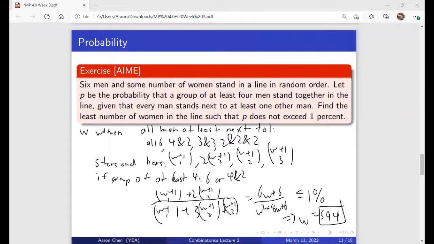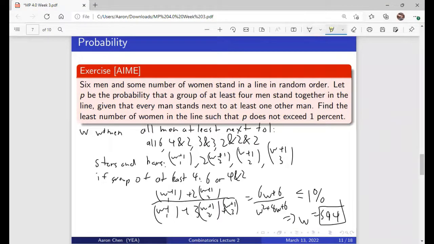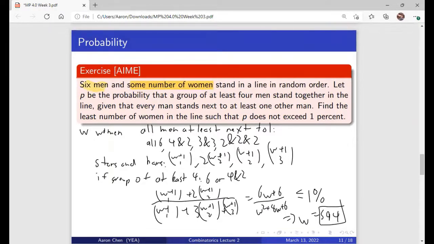All right, so now I'll start explaining this problem. So there are 6 men and some number of women. For rather obvious reasons, we will just let there be W women.